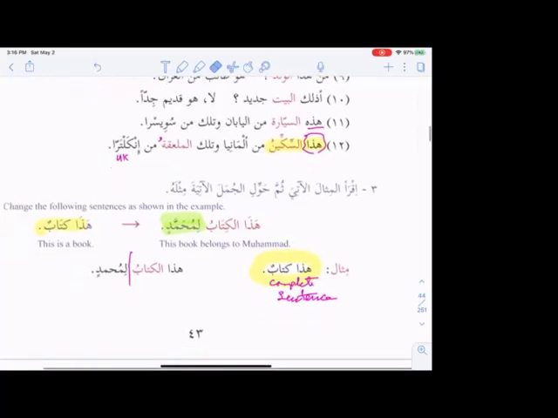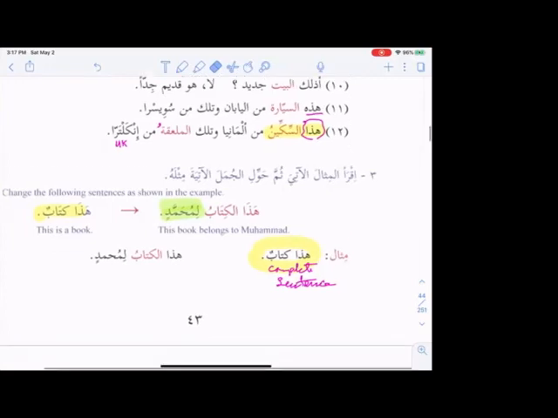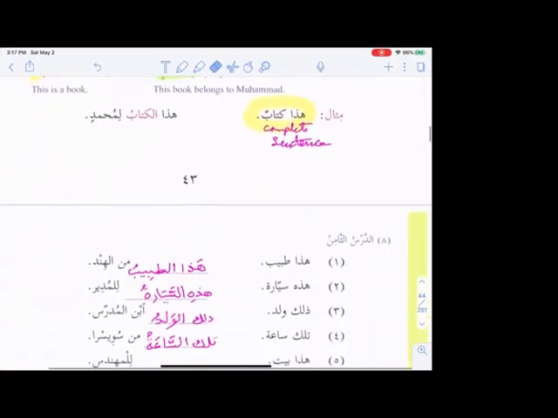So now you have to write down here. You will see here hadha kitabun, and then you will see here hadha al-kitabu. See here. Can you see al-kitabu? He put it in red to indicate that this is your badal that you are learning. Li Muhammadin, inshallah.